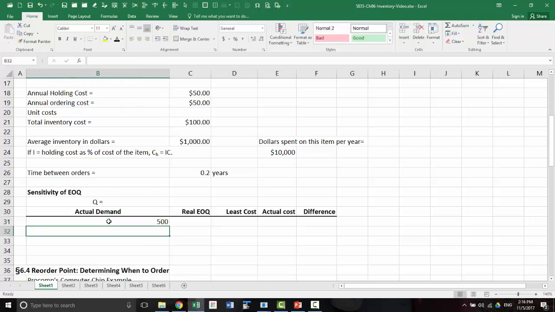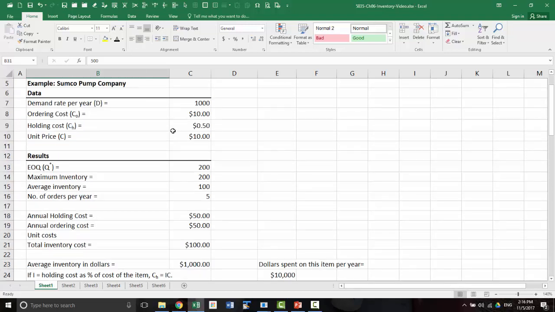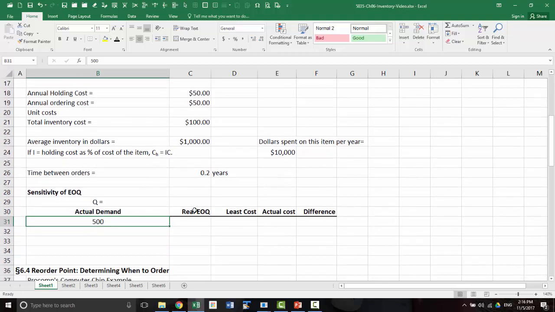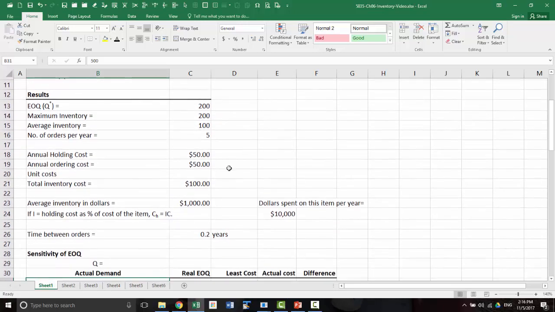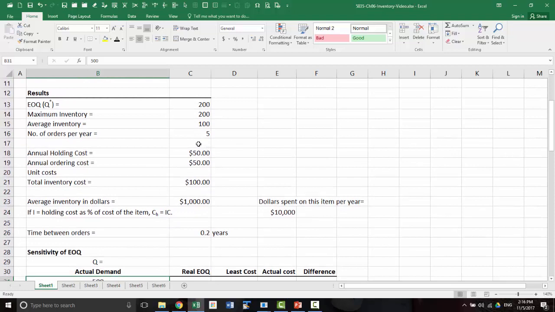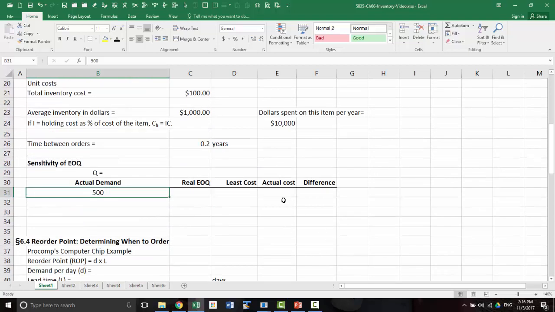So that's quite a bit of being off. It's just half of what we assumed, right? We didn't realize that, so we thought that the annual demand is going to be 1,000, so we would still be ordering at the rate of 200.